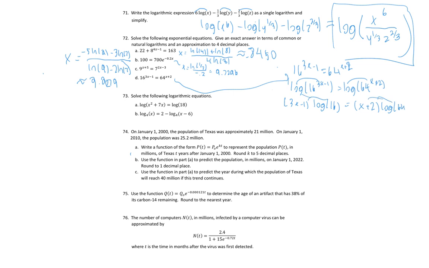We can distribute these. So 3 log 16 times x minus log 16 equals log 64 times x plus 2 log 64. I'll put all my x's on one side, all this without x's on the other, so 3 log of 16 times x minus the log of 64 times x equals 2 log of 64 plus the log of 16.